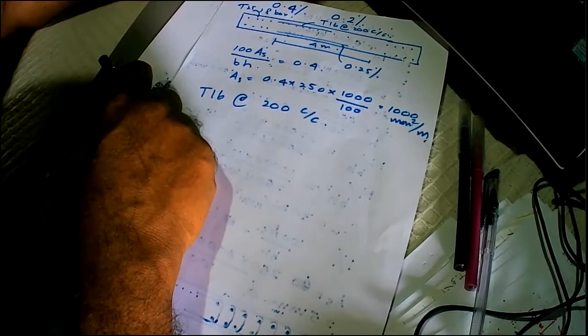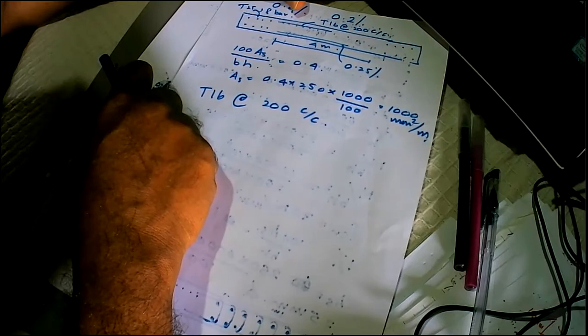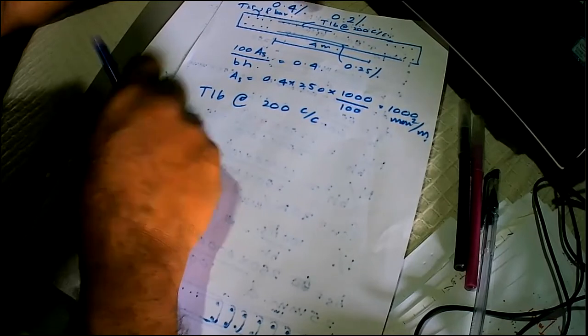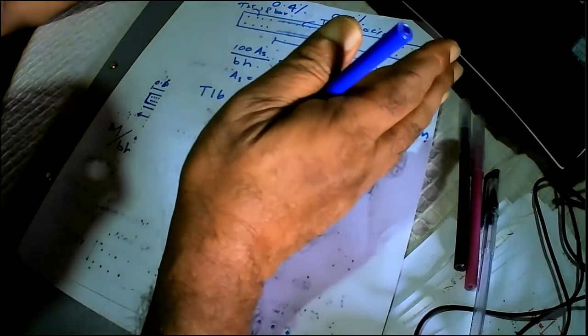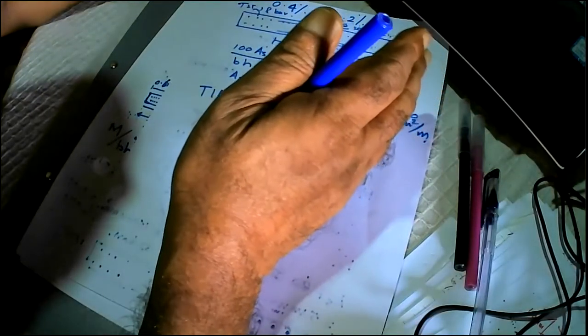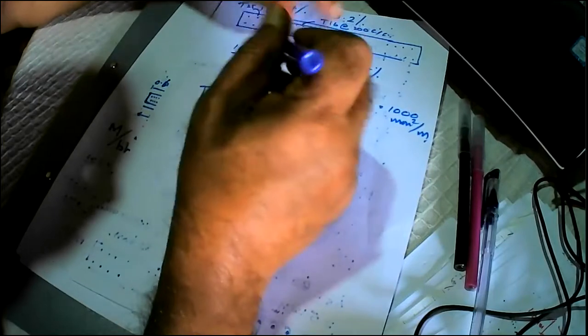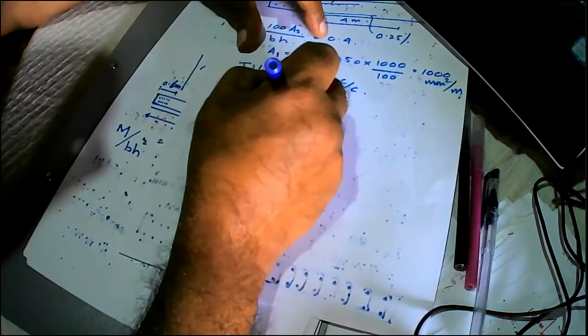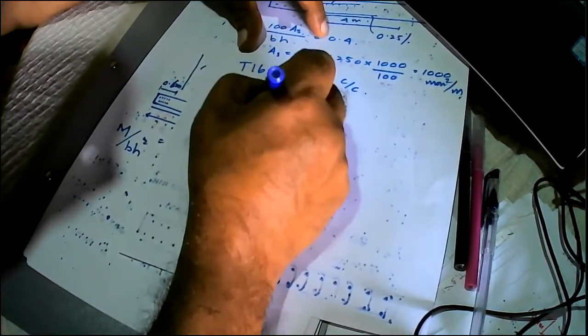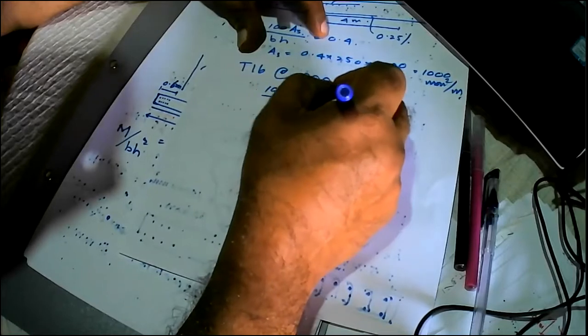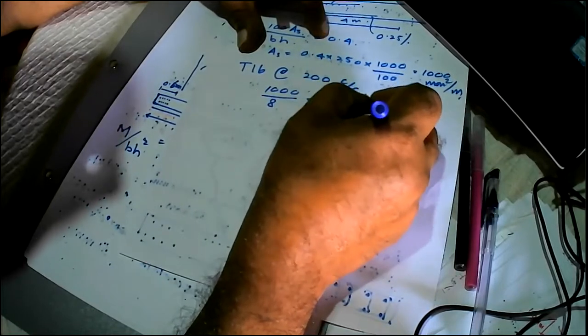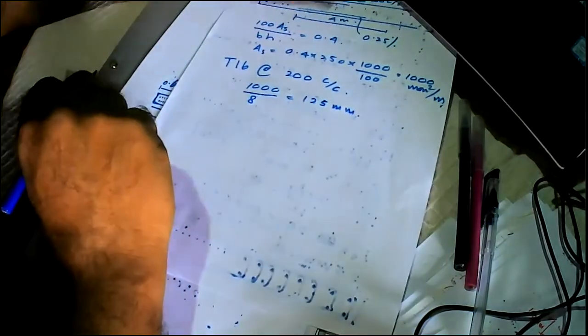Yes. Because, when I am providing 8 numbers of 25 millimeter bars, I need a reasonable length. Say, when you are providing 25 millimeter bars, 1000 millimeters divided by 8 bars means the bar spacing will become 125 millimeters, right?